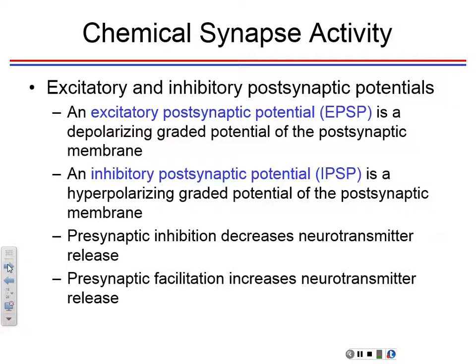An excitatory postsynaptic potential can only happen one way, right? And that's by affecting what channels? Sodium channels. Only sodium causes depolarization. So that's why only sodium is going to be involved here for excitatory. Anything that's going to excite is going to affect sodium channels. That's going to be an excitatory postsynaptic potential.